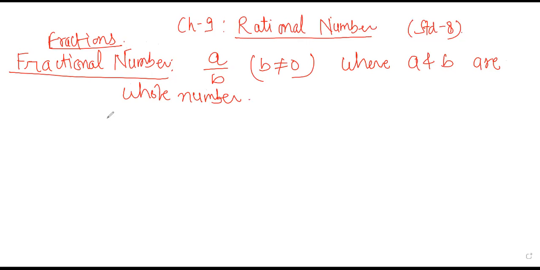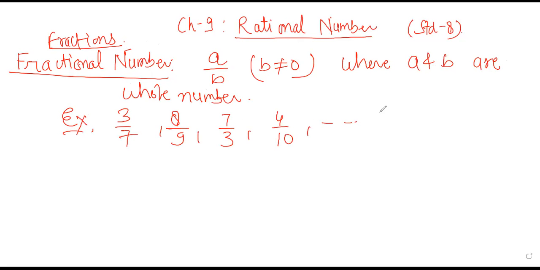For example, 3 upon 7, 8 upon 9, 7 upon 3, 4 upon 10, and so on. 3 and 2 also come in fractional numbers because they can be written in the form of a fraction. But keep in mind, in a upon b, the denominator cannot be 0. This is the actual definition of fraction.